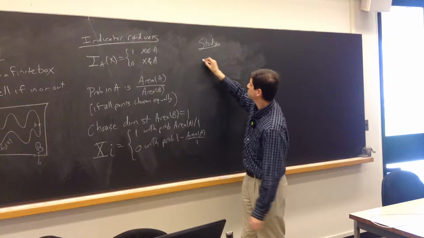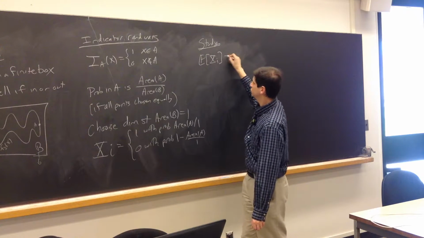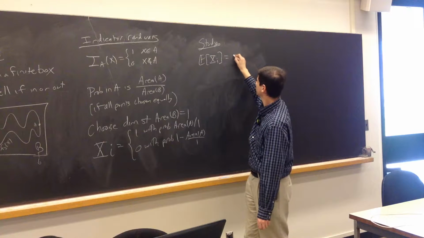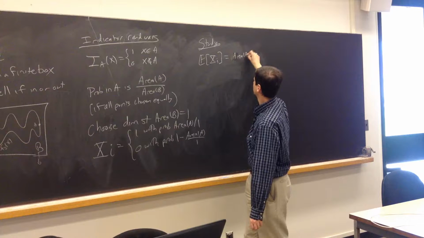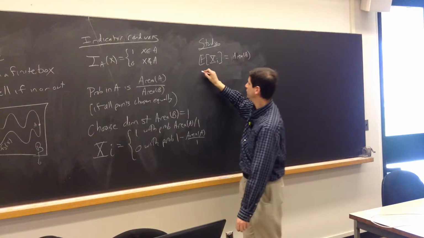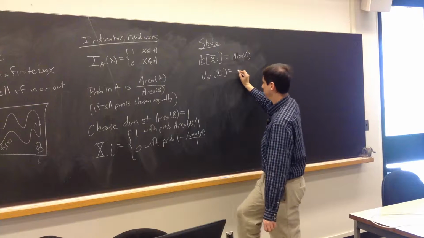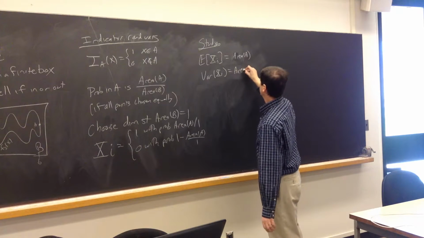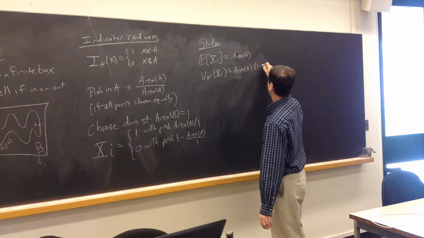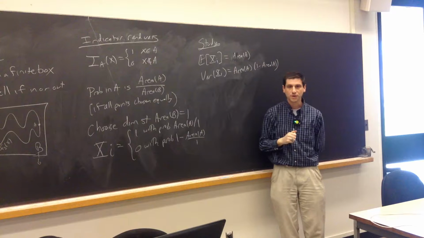So the expected value of xi is just going to be the area of A. And the variance of xi is just going to be area of A times 1 minus area of A, just because I have a nice binomial random variable.